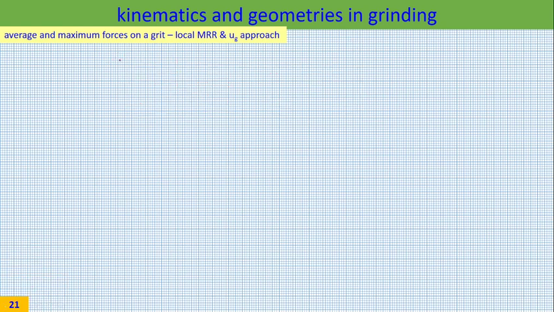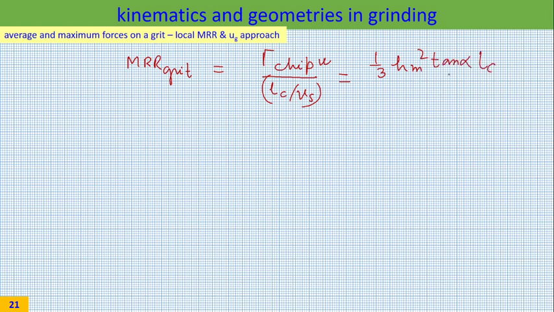So first I am trying to find out material removal rate at grit level. Already we have done it, but we have not told you what it is. This is this divided by LC by Vs. This is the volume of a chip group, divided by the time required to form a chip. So this one becomes 1/3 HM square tan alpha into LC.